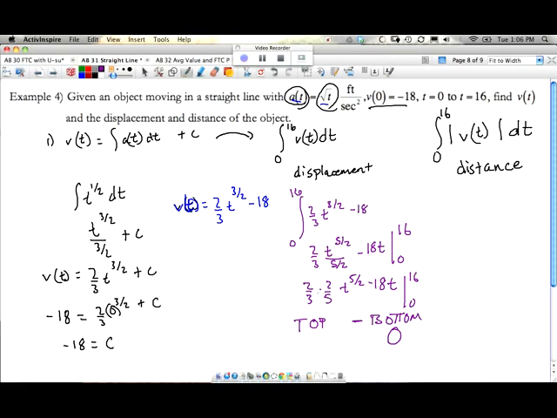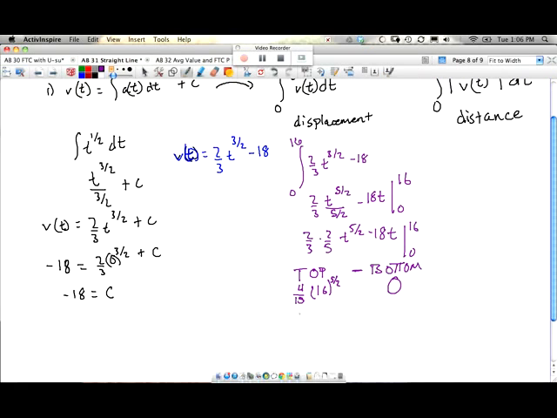Then all I really need to calculate is the first one, which would be 4 over 15 if I combine those fractions by multiplying. And then 16 to the 5/2. Well, the square root of 16 is 4. So we're going to have 4 over 15 times 4 to the 5th power.